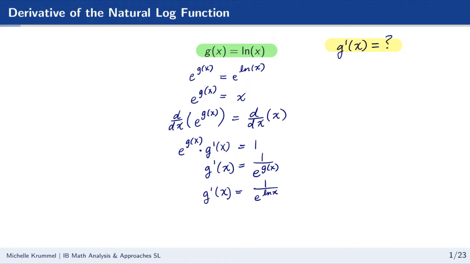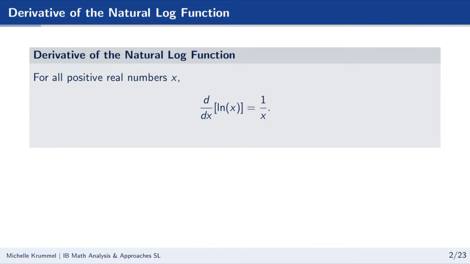And using properties of logs, we can simplify that, because e to the power ln x is just equal to x. Okay, so we have found that g prime of x, which is the derivative of ln x, is equal to 1 over x. So this is our next derivative rule to memorize. The derivative of the natural log of x with respect to x is equal to 1 over x.